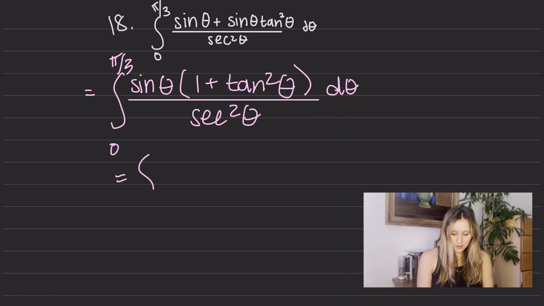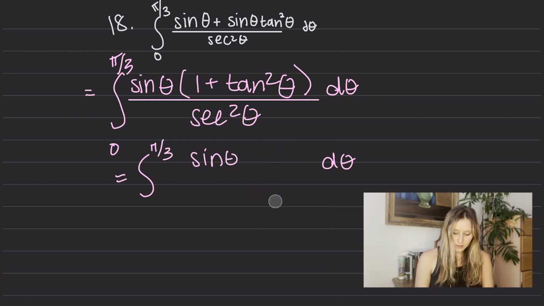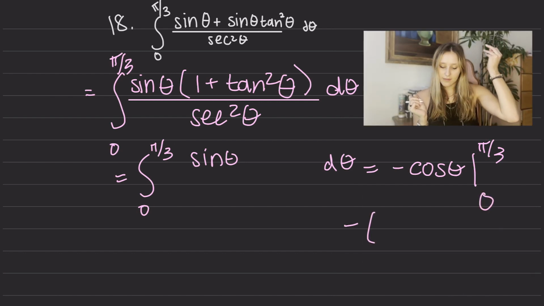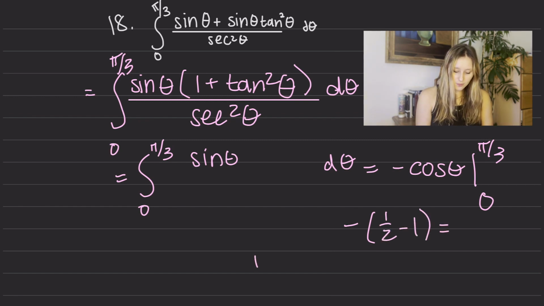So we have sine theta secant squared theta over secant squared theta d theta, boom, boom, period. Thus, this became an easy problem, didn't it? Minus cosine of pi over 3 is going to be 1/2. Cosine of 0 is going to be 1, so we have 1/2 minus 1. That gives us 1/2.